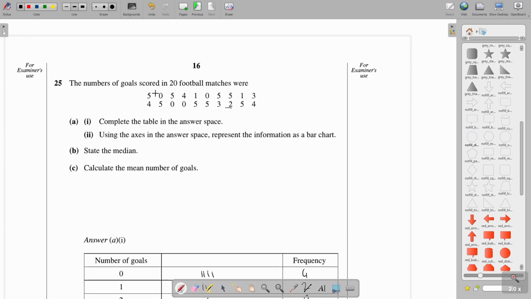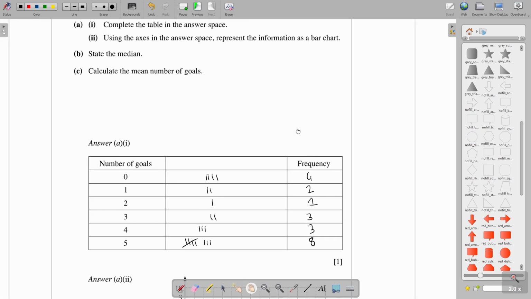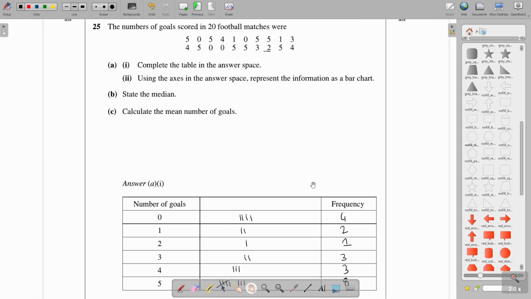Yeah, 4 does appear 3 times. Okay, 5 appears 1, 2, 3, 4, 5, 6, 7, 8. 5 appears 8 times. And that gives us a total of 20 matches.